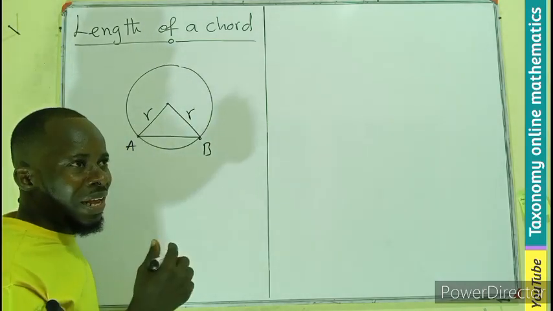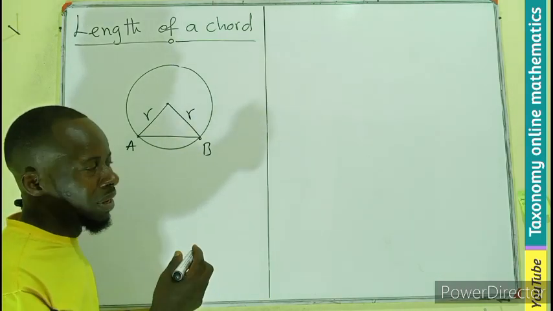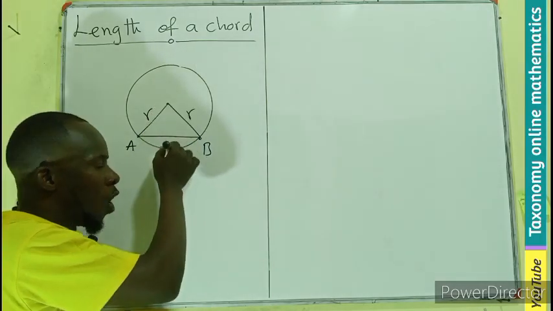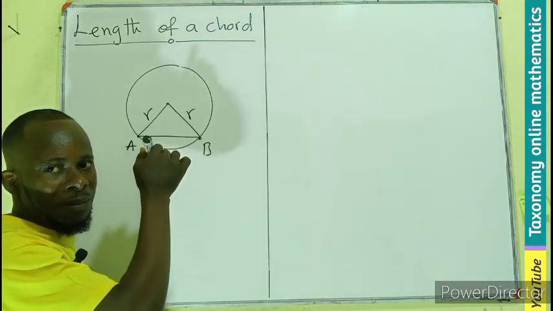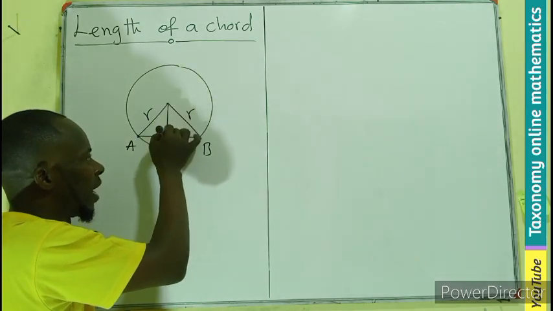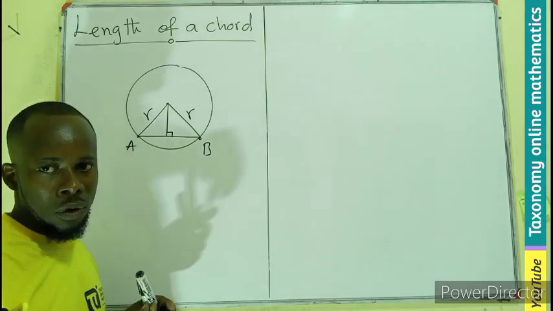Now, from the circle geometry, which is the circle theorem, any line from the center towards a chord is perpendicular. So if I draw this line, it is perpendicular to the chord.